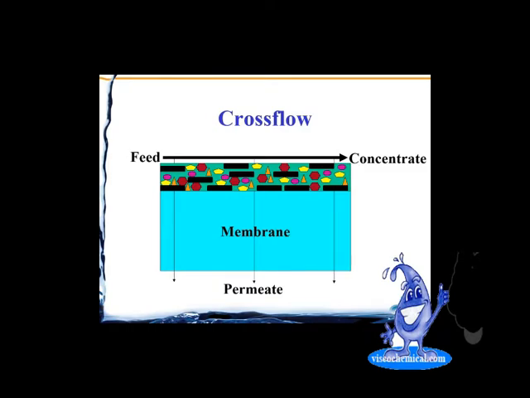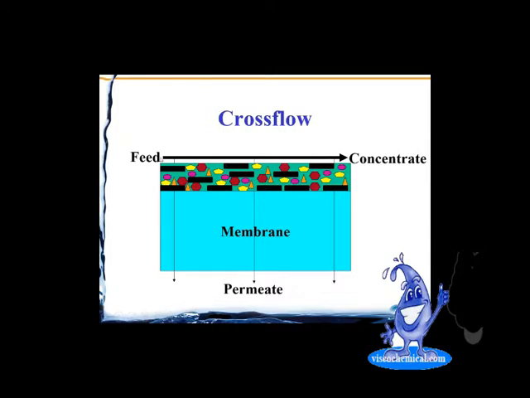The second parameter that controls your fouling rate is called crossflow. Crossflow is the flow rate tangential to the membrane. This is the flow rate that scours or cleans off the membrane and removes the dissolved substances. But right at the surface of the membrane, water has to take a turn, so you don't have cross flow right at the surface.